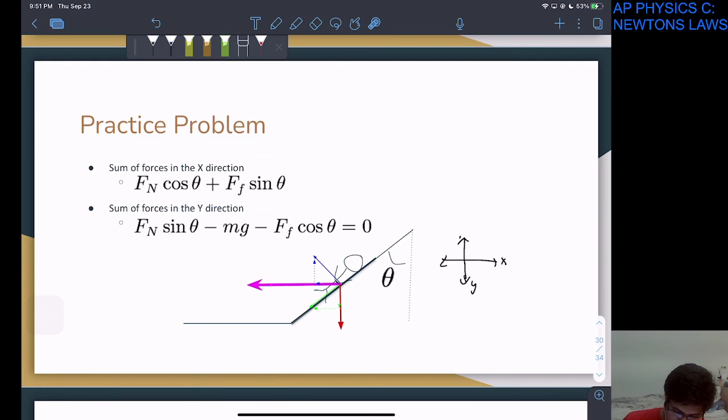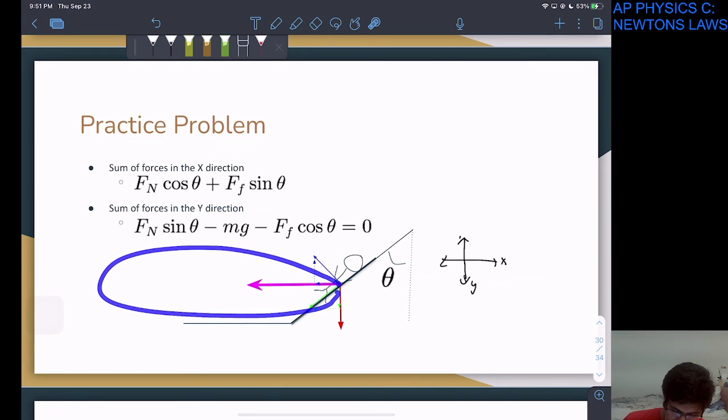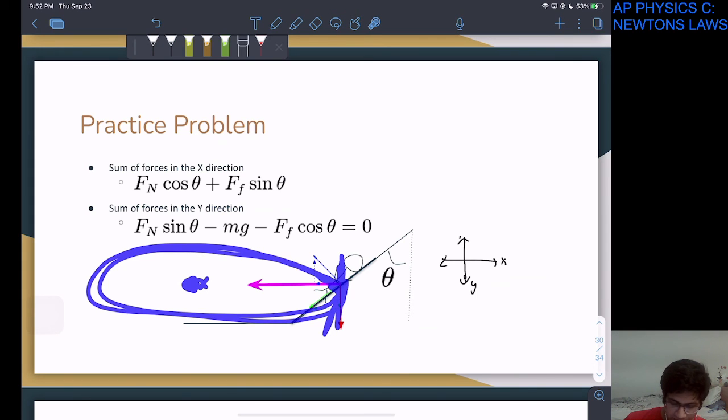So a key thing is, you can imagine you're moving in a circle like this over here, so our center's over here. If this were like a yo-yo kind of thing on a string, you could imagine you're traveling in a circle here. There's no motion in the vertical direction though. You're only moving in the horizontal direction.